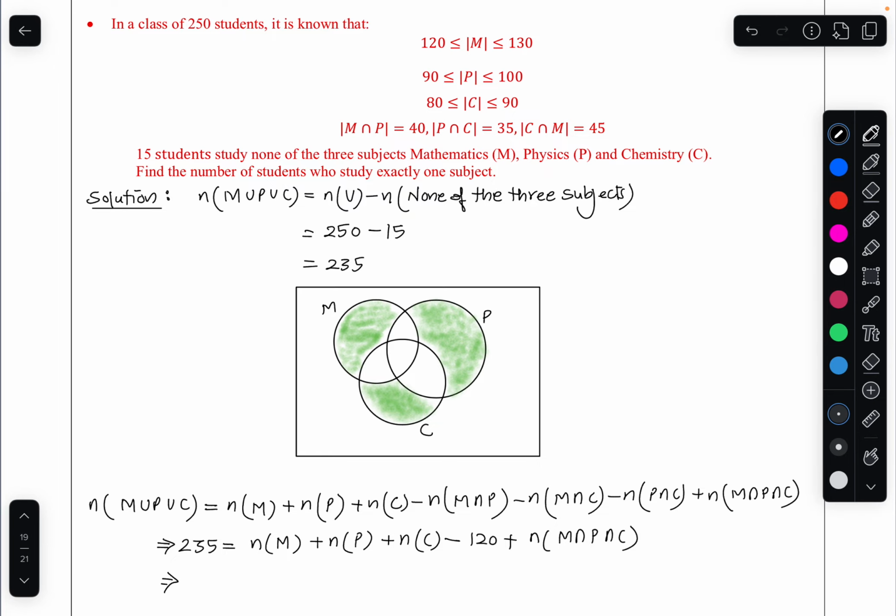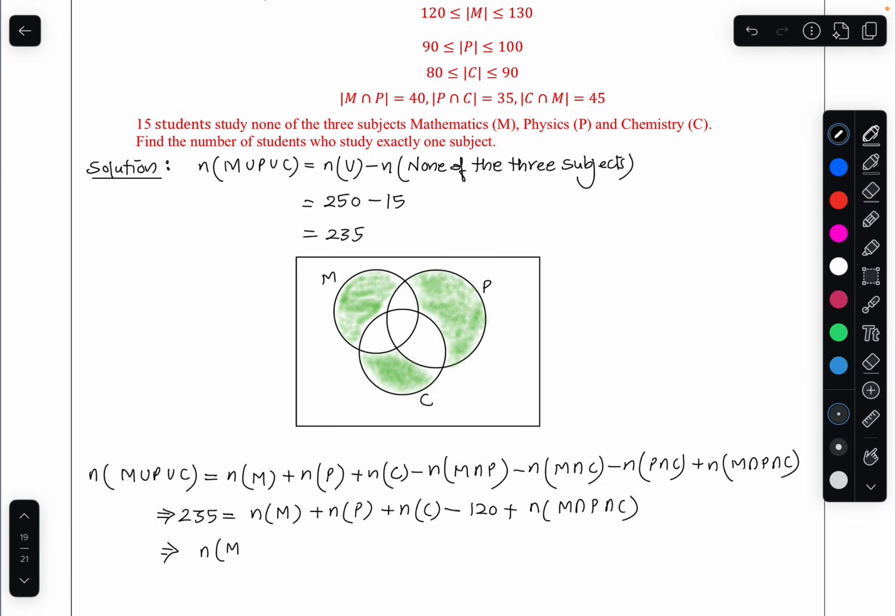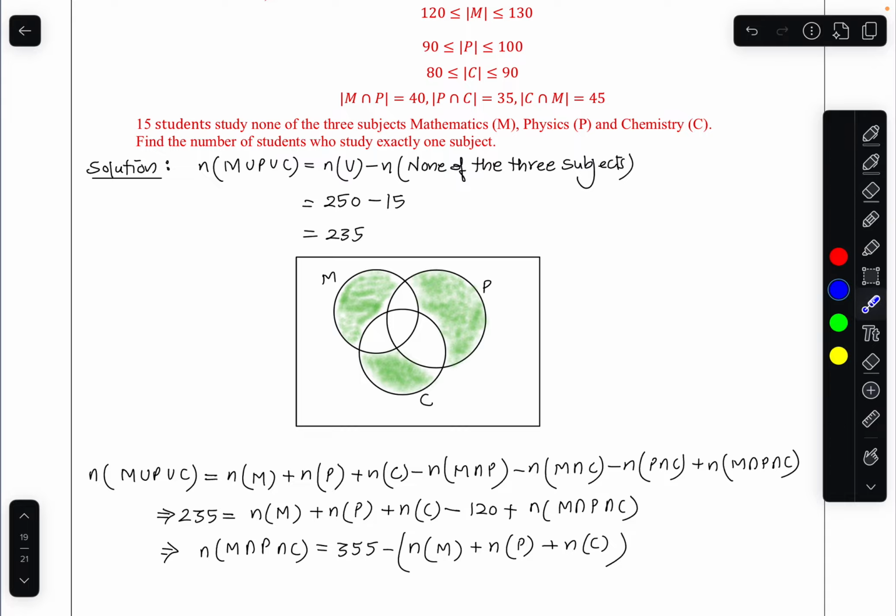The number of elements in M intersection P intersection C is going to be the same as 235 plus 120, which is 355, minus the number of elements in M plus P plus C. We have been given the quantities in these three sets, M, P, and C. The maximum possible for them is 130, 100, and 90.